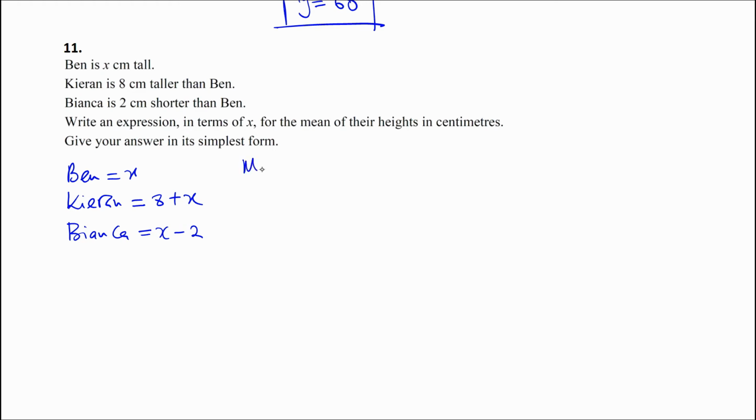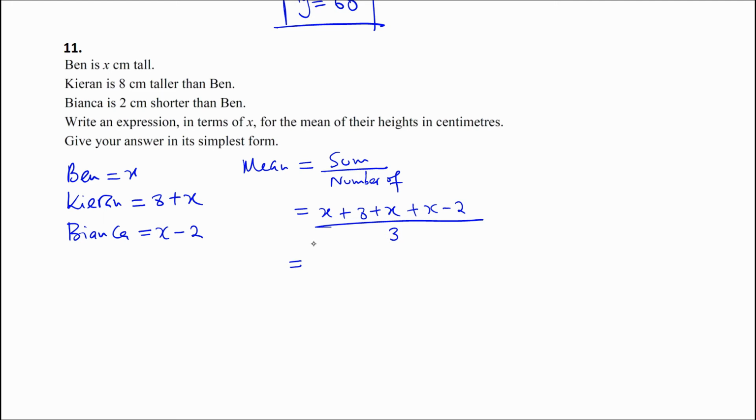So we know that mean is given by the sum, or the total, divided by the number of. Here we have 3 people. The sum of their heights is x plus 8 plus x plus x minus 2. And of course, there are 3 people, so that will be their mean, which is basically the average.